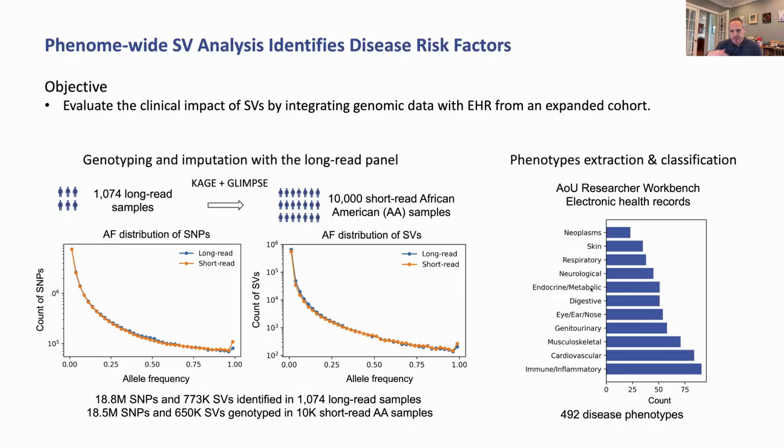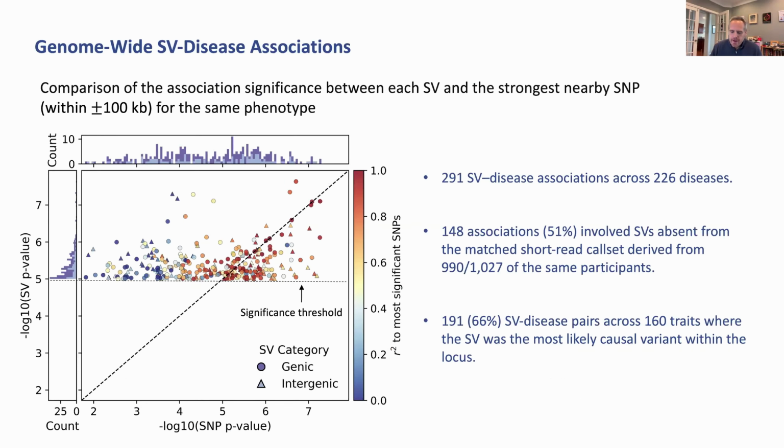So across many different common conditions here, we have many different phenotypes now matched with this excellent genetic information associated with them. So now we can go through and visit every structural variant, and we can visit all 492 of these different medical conditions and just ask, is there an association between the structural variant and the condition?